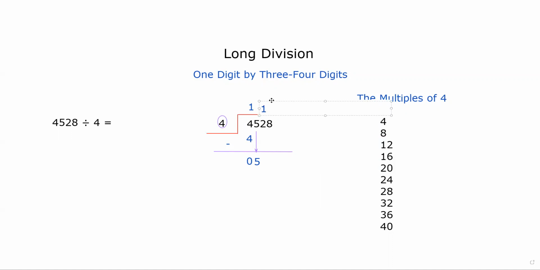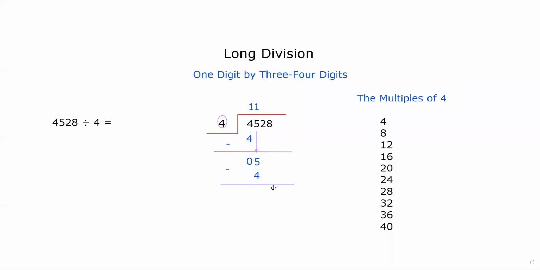1 multiplied 4 will be 4. And then we're going to do minus. Okay, so 5 minus 4 will be 1.